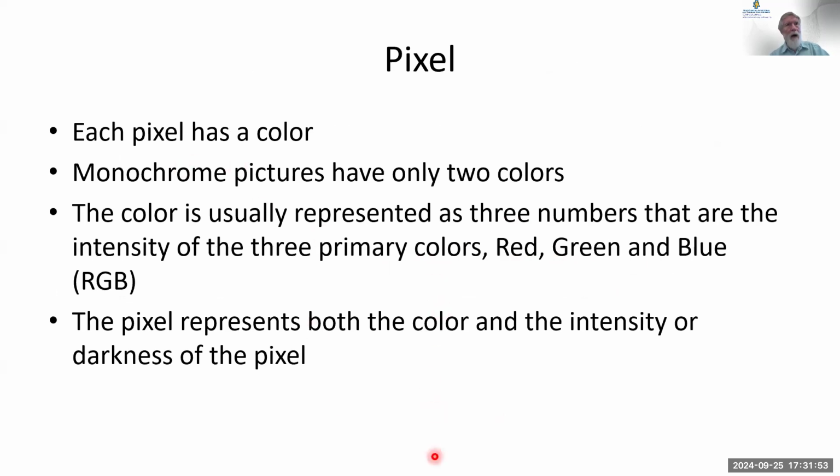Now, a pixel is a picture element. It's one dot. If you have a monochrome, it's usually only two colors, black and white. Or you can have shades of gray, often 64 shades, much more than 50, so you could take 6 bits to represent shades of gray.